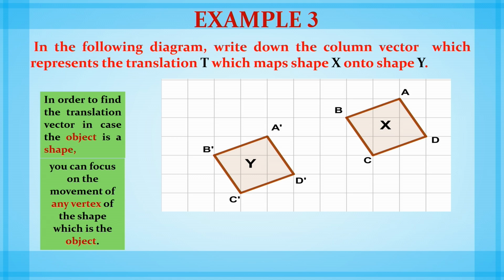Remember, first we represent the translation T on the grid by a directed line segment from A to A'. Next, we represent the translation vector T in column form by considering the horizontal and vertical movements from point A, which are 5 units to the left followed by 2 units downwards, implying the horizontal component is negative 5 and the vertical component is negative 2.